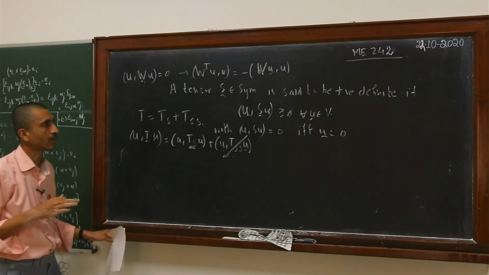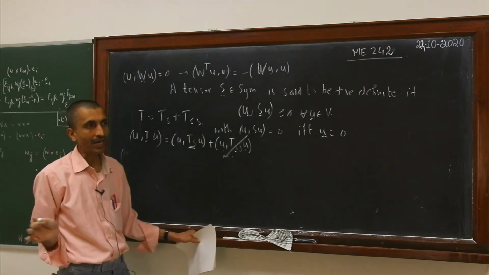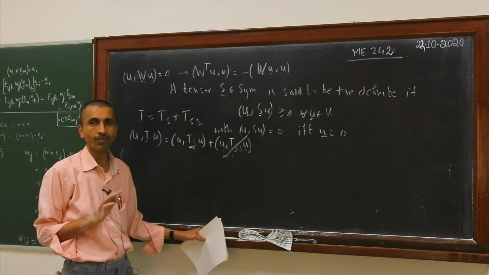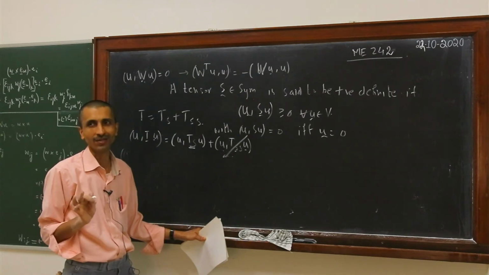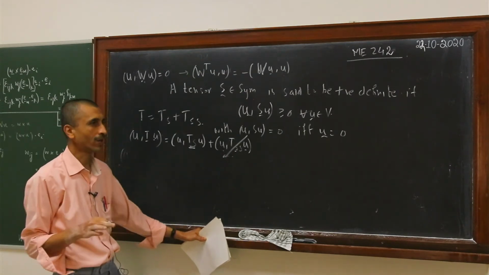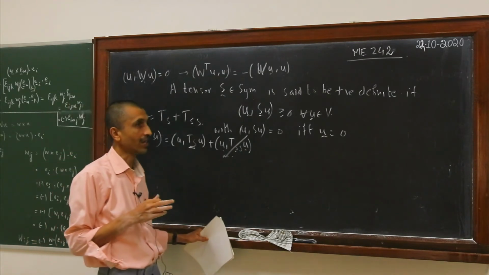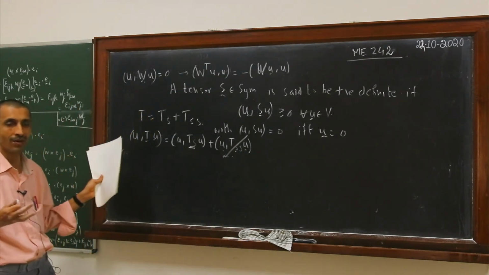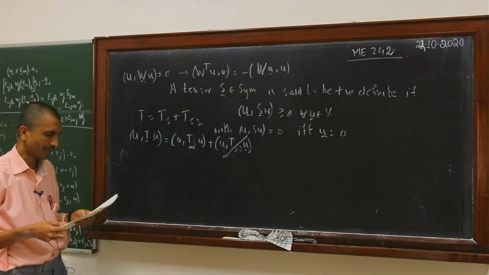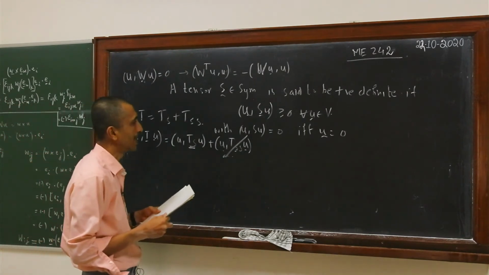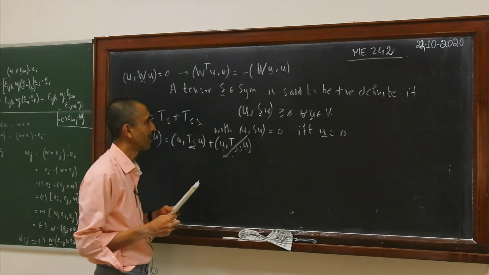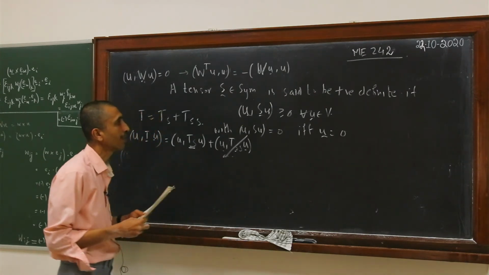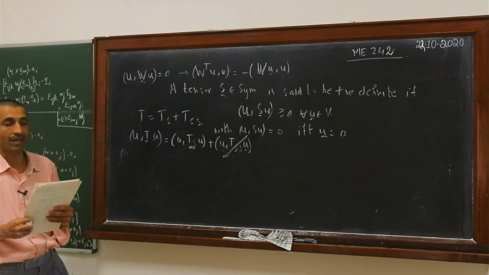That is why, in any matrix algebra or linear algebra book, they will always talk about positive definiteness of symmetric tensors or symmetric matrices only, not of arbitrary matrices. Finally, only the symmetric part decides whether a matrix or a tensor is positive definite or not.